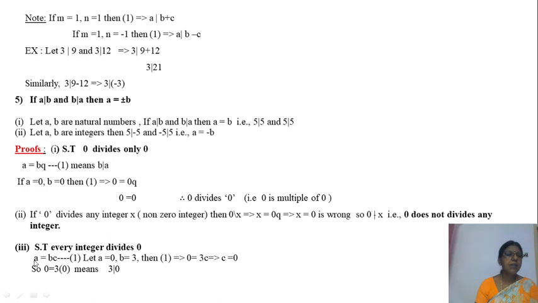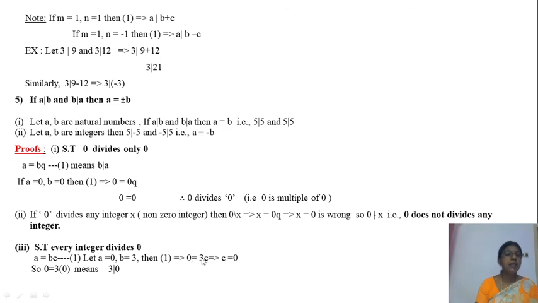See here, by definition, a is equal to bc means b divides a. So let a be 0 and b be any other integer, say 3. Then from equation 1, 0 is equal to 3c means 3 divides 0. You can put any integer in place of 3.